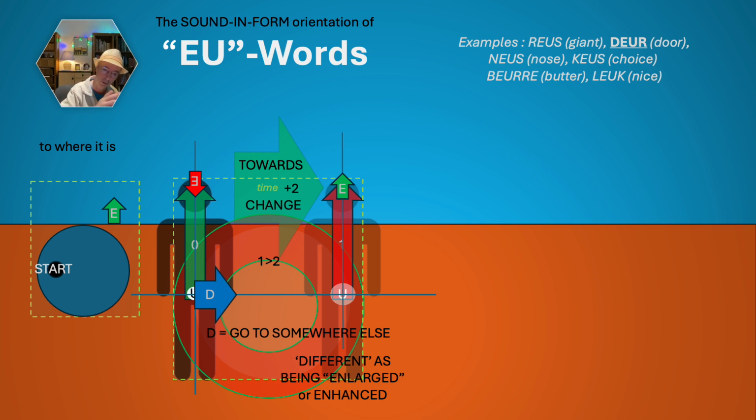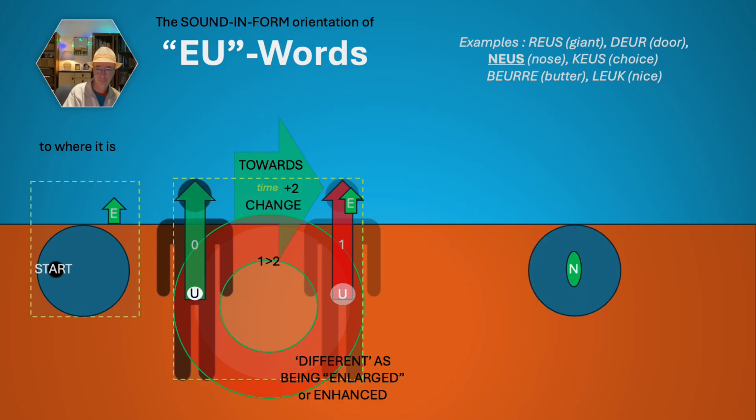So with the door, you go from one space to another space where something is different. You have to do something for it. You have to move towards it, and that access point is what you go towards. With the R, it's even more going towards it, which is also recognizable in that word.